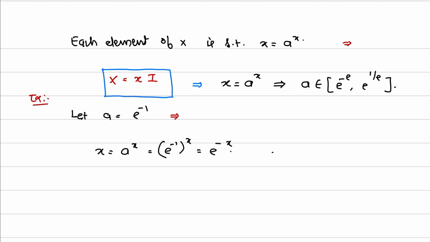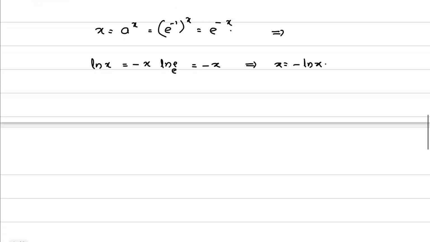By taking logarithm on both sides, ln x is equal to minus x into ln e to the base e, that is equal to minus x. That implies x is equal to minus ln x. x plus ln x is equal to 0.